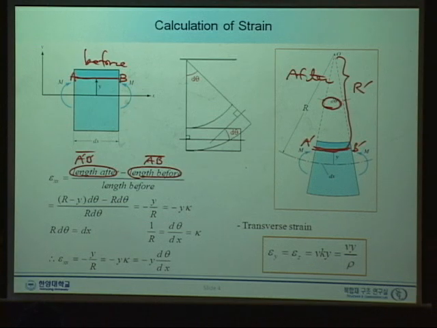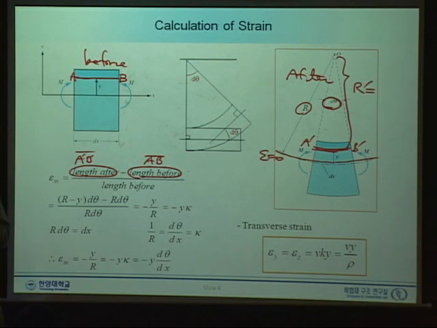And what is R prime? R prime is simply, this is R. What is R? We assume this is where there is no strain.